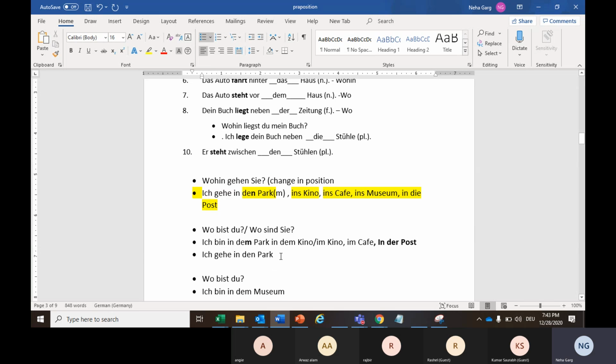Similarly, in den, in das Kino, and for cafe, I would be saying in das Café, and for post, in die Post. So, wo bist du oder wo sind Sie? Ich bin in dem Park oder in dem Café, im Café, im Kino oder in der Post.